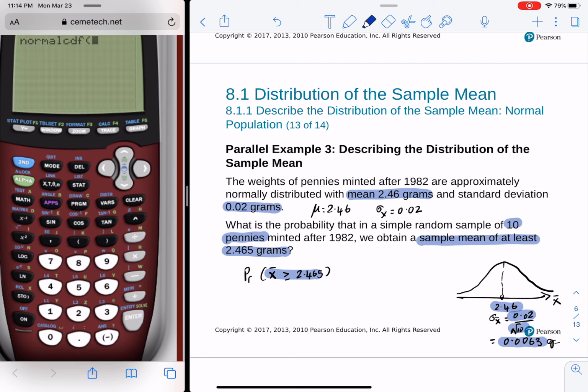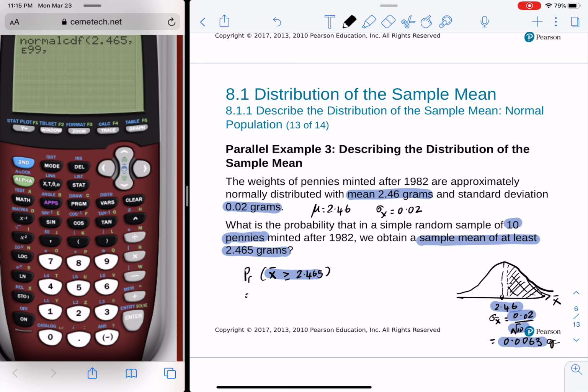Second part, number 2, we're trying to find the probability that the average is at least 2.465. So 2.465 is over there, and we want to find the area above it. So the lower value would be 2.465. The upper value is E99.